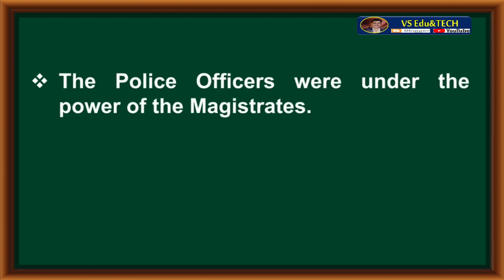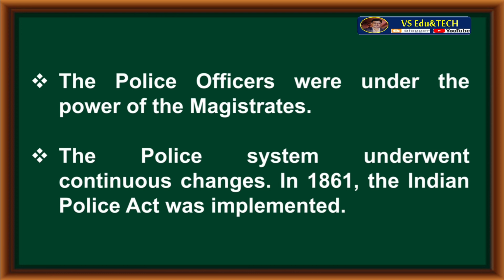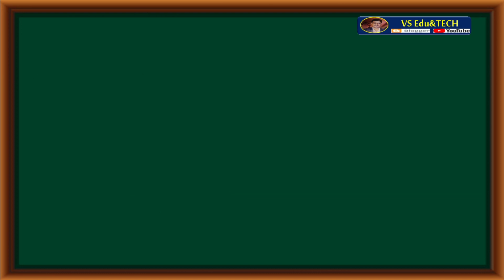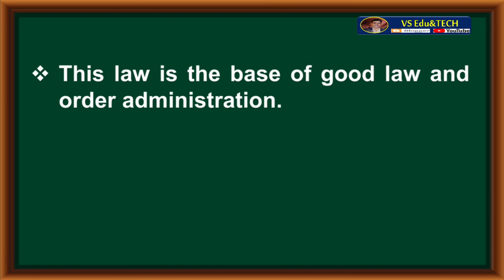The police officers were under the power of the magistrates. The police system underwent continuous changes. In 1861, the Indian Police Act was implemented. This law is the base of good law and order administration.